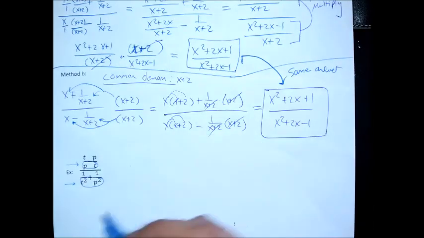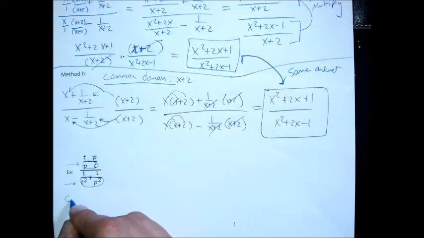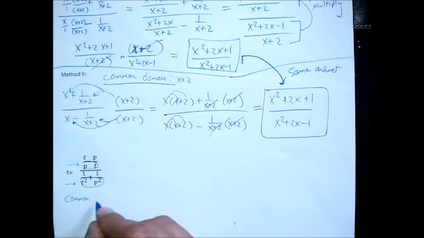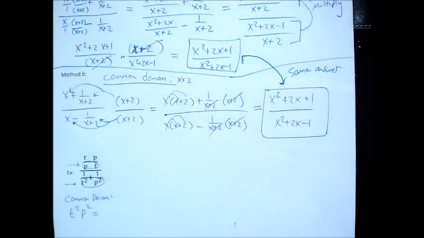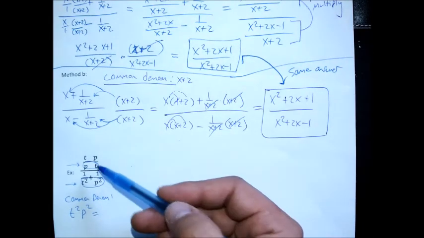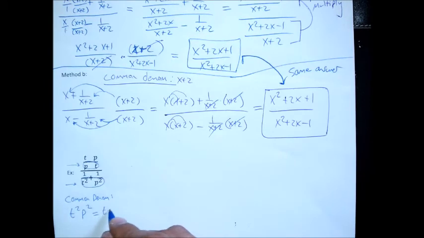And so that's the first thing I'm thinking when I'm looking at this. I'm thinking, what's the common denominator? And it looks to me like it's t squared, p squared. Again, the way we talked about that last time is we multiply together all the distinct roots. So when I'm looking at this problem, it's kind of like t times p times p.